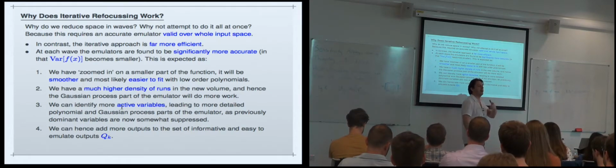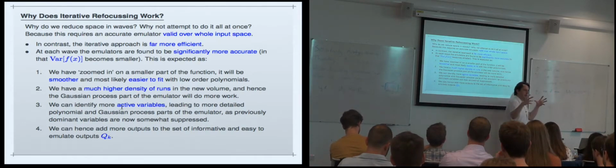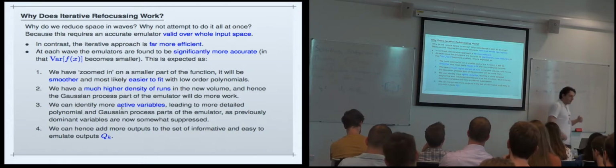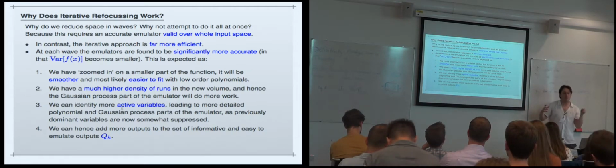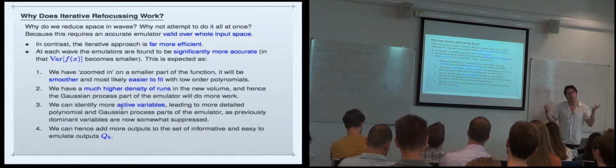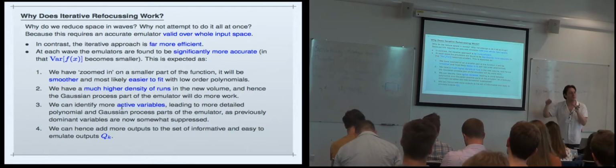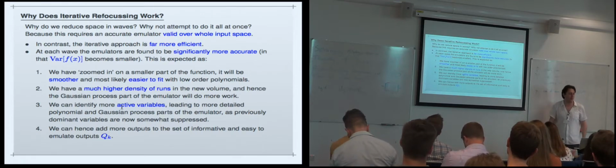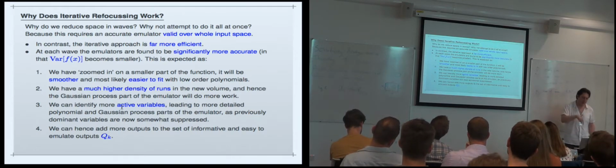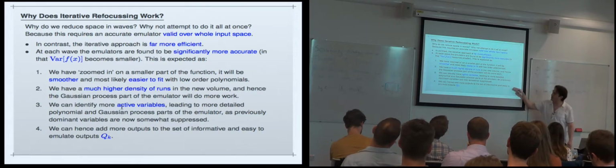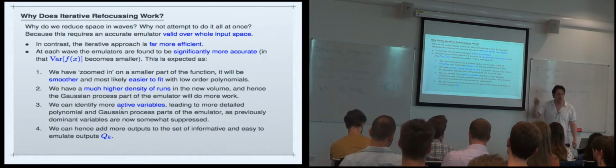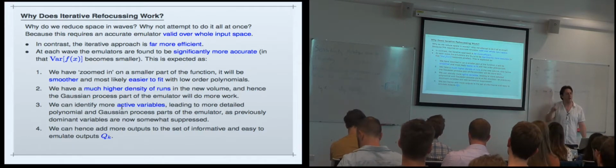In wave 4, it has 10 active variables. That's because once I've zoomed in, I've sort of constrained the effects of some big dominant variables, and I've now cut them down, so now I can pick a few more subtle variables and have a more sort of rich emulator, if you will. So my emulators get better and better and better, and hence number 4 is really, really important. I can then emulate tricky outputs that I could not emulate before.